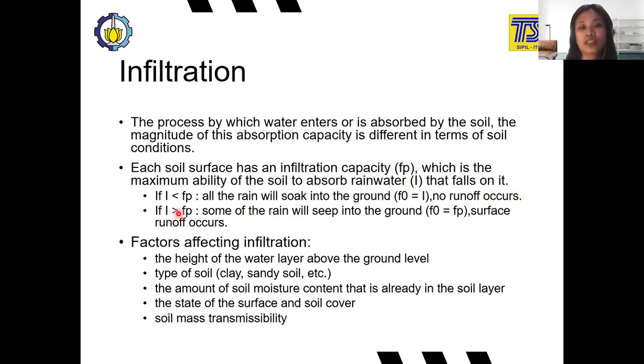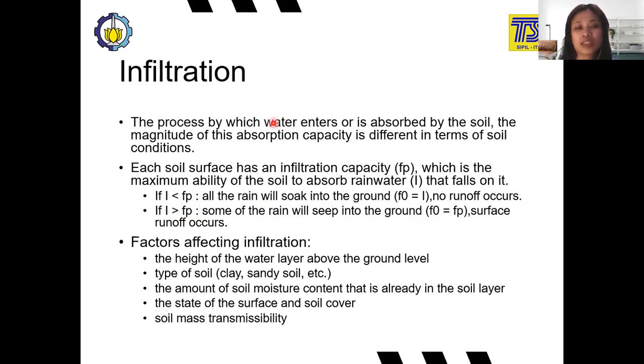But if the rainfall is bigger than the infiltration capacity, which means the rainfall is more than the absorption capacity of the soil, it means that some of the rain will seep into the ground and some of the rain will be surface runoff.